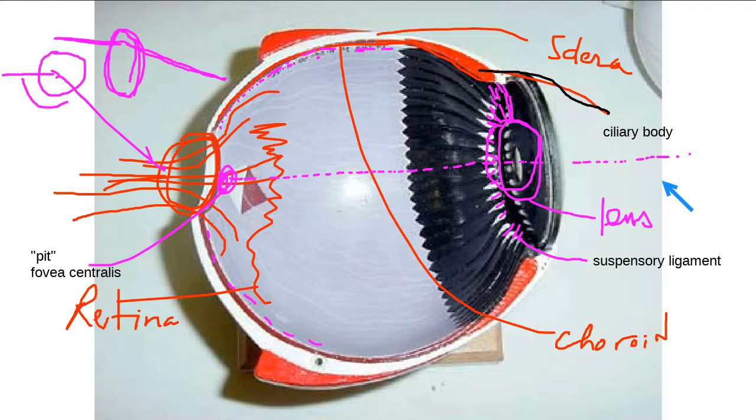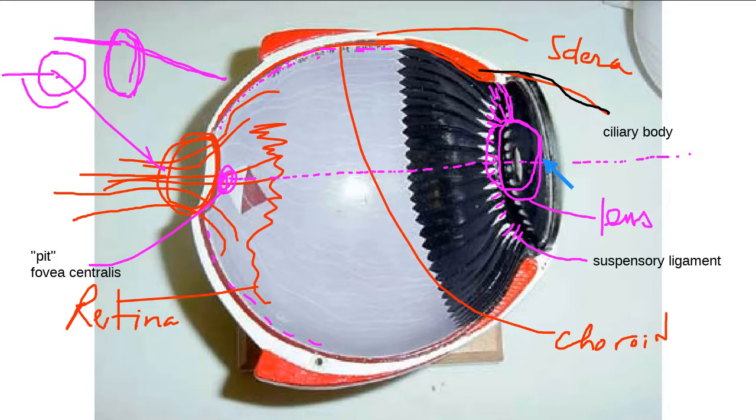And typically, and I'll explain to you next time, our eye is most relaxed when it's in emmetropia. What that means is that when you look away, that's when your eye is most relaxed.